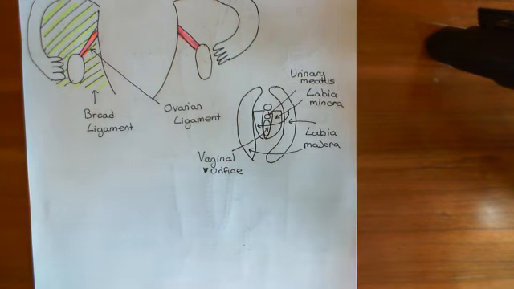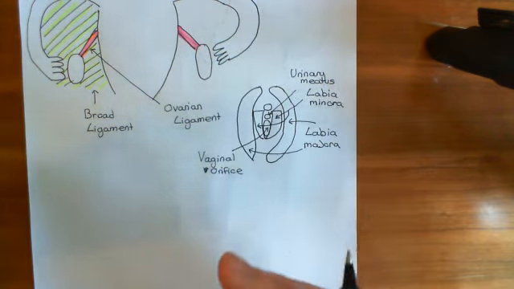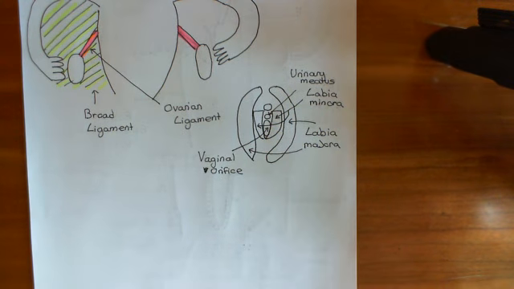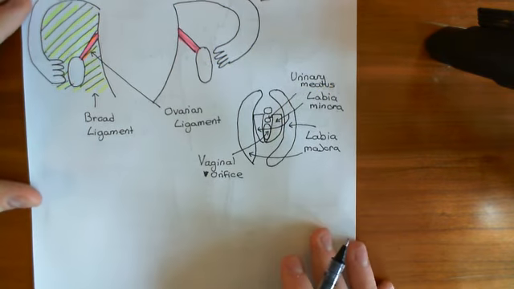So basically, the round ligaments, or these uterine ligaments, as I should call them, because that's their other name. The round ligaments are also called the ligaments of the uterus, or the round ligament of the uterus, or the uterine ligaments. They will go through the inguinal canal. They will then be on the external side of the abdominal wall, and they will contribute their fibers into the labia majora.